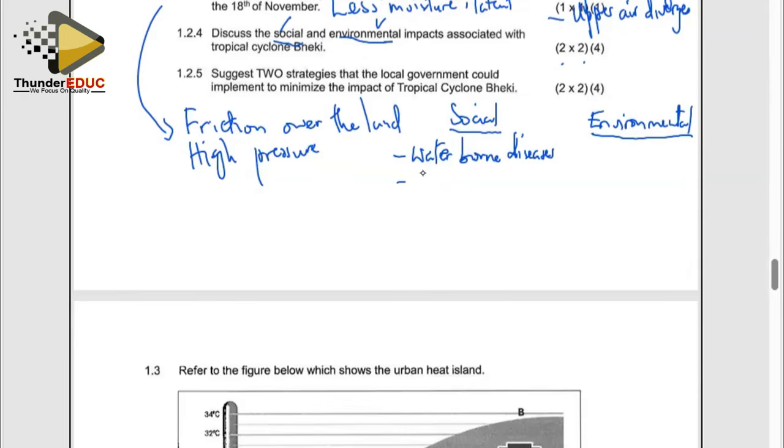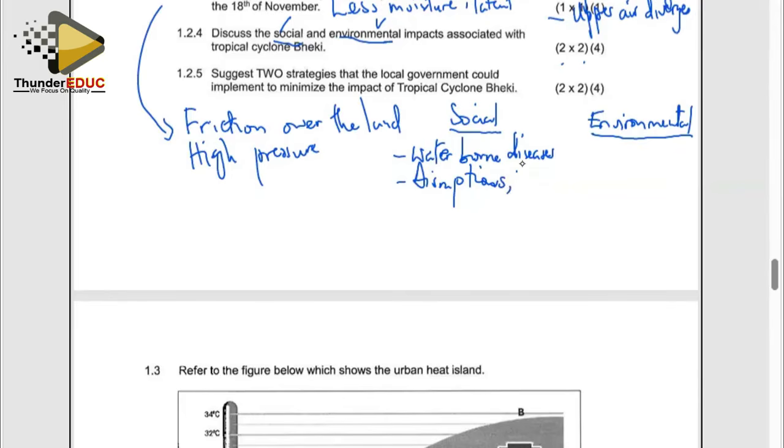You can also look at the social life of people in terms of how people are going to be affected. There's going to be disruptions in the way of life of people. Disruptions on movement of people, on business, on transportation. There are going to be so many disruptions there in the social life of people.